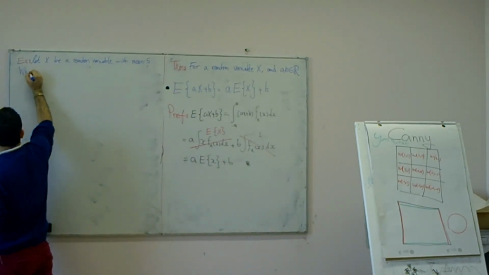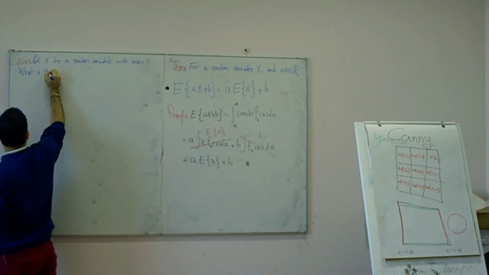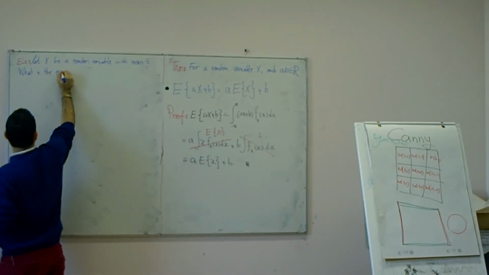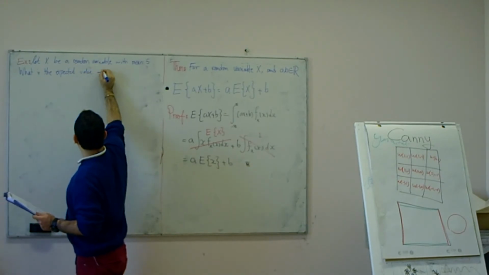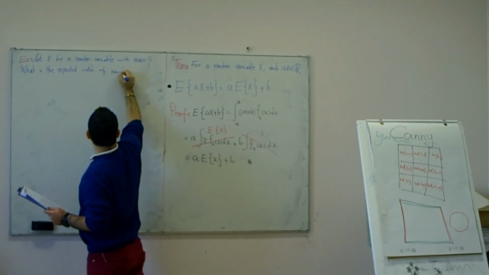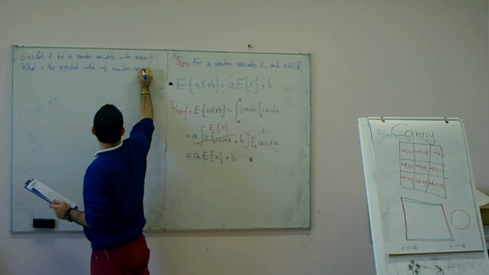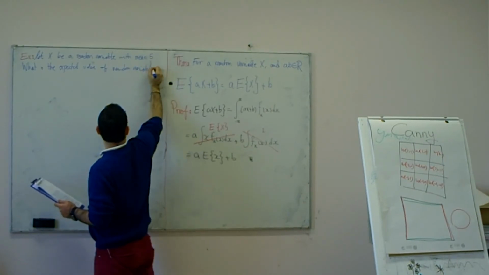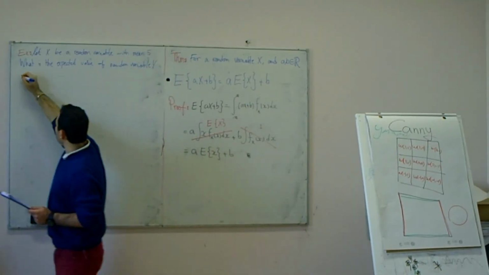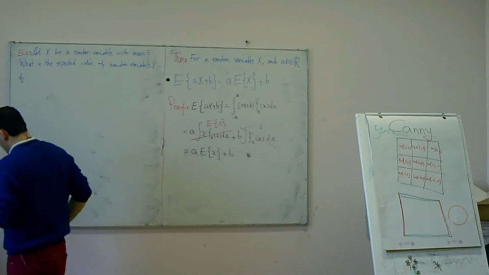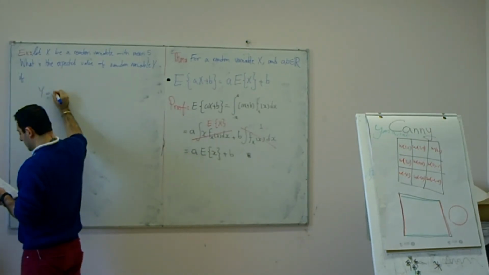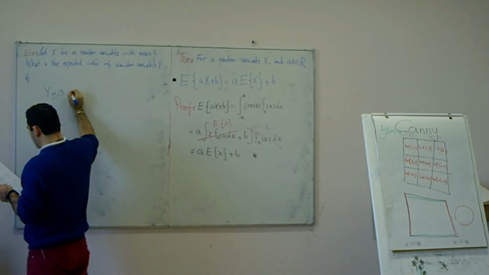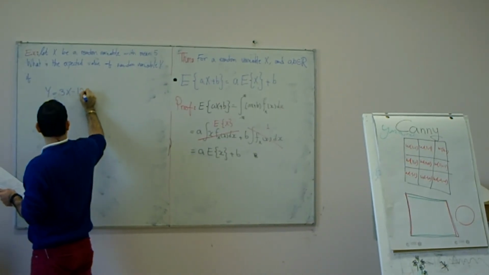What is the expected value of random variable Y if Y is 3X minus 10?